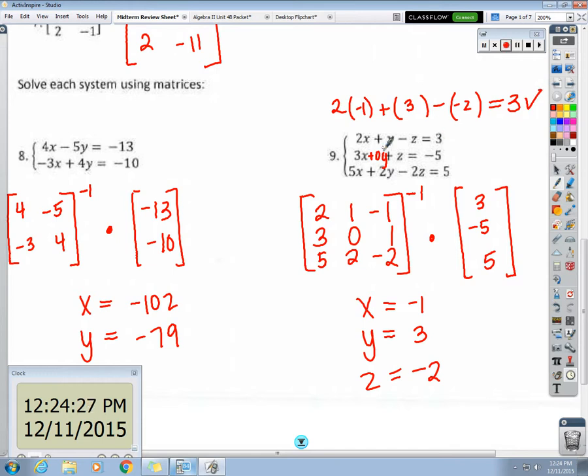If you typed in negative 1 and negative 2 into the other equations, you would get negative 5 and positive 5. That's why those are the solutions. When plugged in, they make it equal those 3 values. Same thing over here. If we'd typed in 4 times negative 102 minus 5 times negative 79, it would have equaled negative 13. Okay, now flip to the next page.